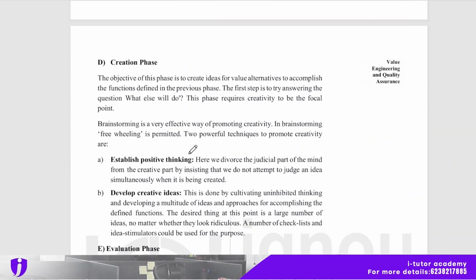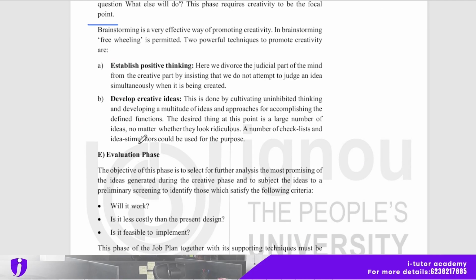The objective of this phase is to create ideas for value alternatives to accomplish the functions defined in the previous phase. The first step is to try answering the question, what else will do? This phase requires creativity to be the focal point, and brainstorming is a very effective way of promoting creativity.